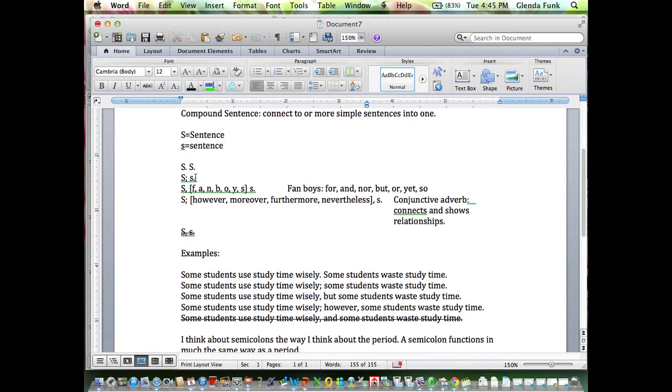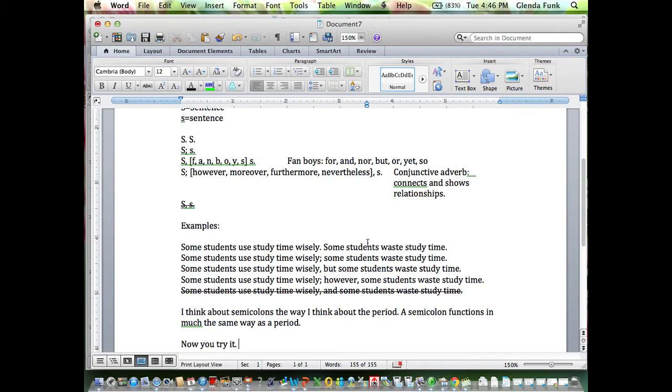And I want them to understand and see the relationship between the first sentence and the second sentence by using the semicolon, practice with the coordinating conjunction, and then practice with the conjunctive adverbs. And later I will show them a list of conjunctive adverbs.